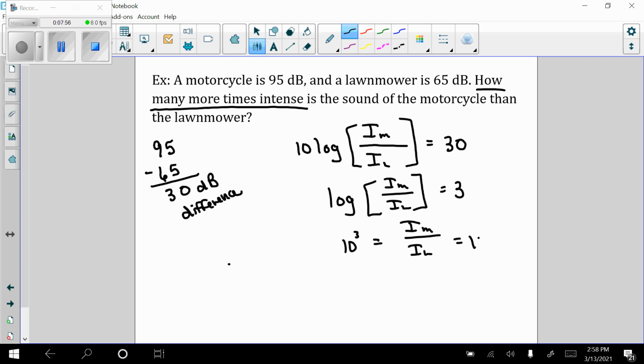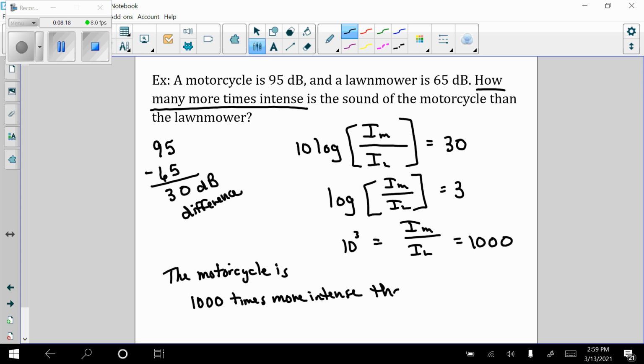So that's 1,000, right? 10 to the third power. So the motorcycle is 1,000 times more intense than the lawnmower.